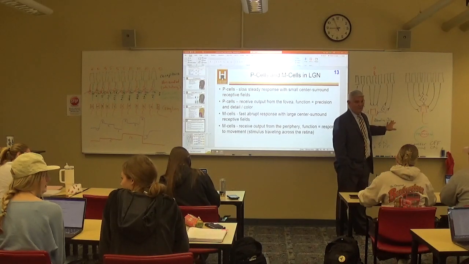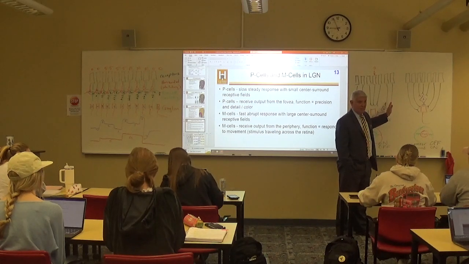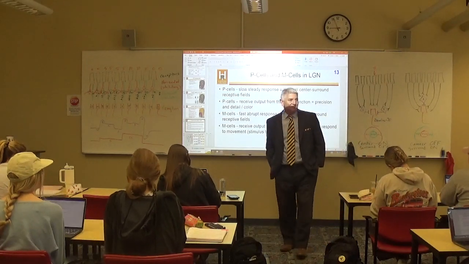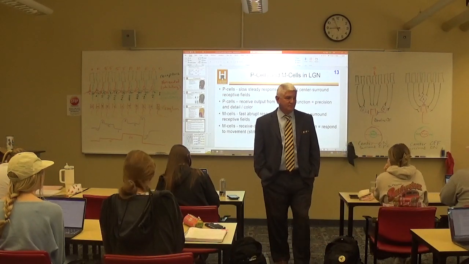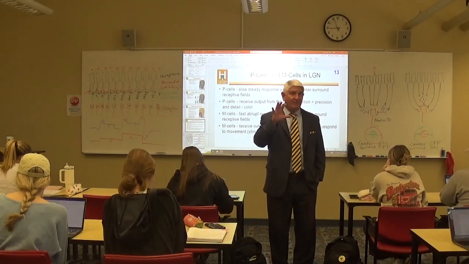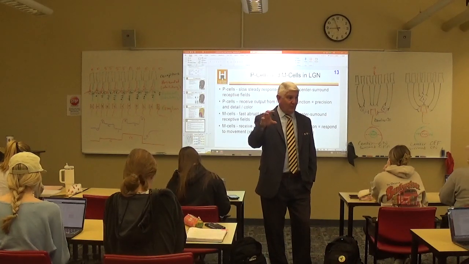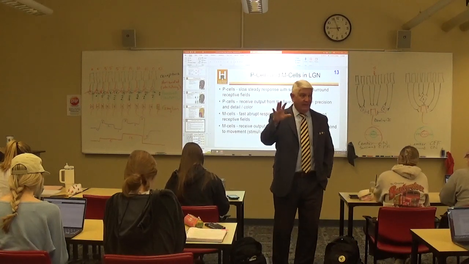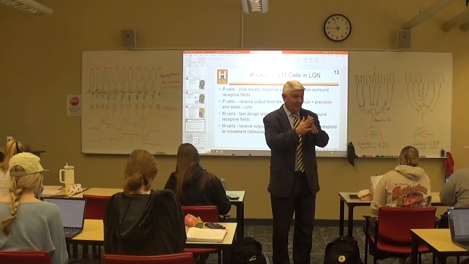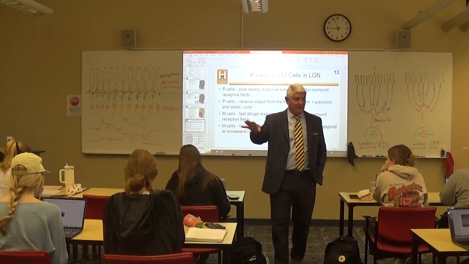And they don't fire if it's just a point of light that's not moving. So it gets a lot more complicated. So they're labeled as M or P cells, and then divergence happens. Well, not divergence, I would say more consolidation happens at the LGN. So we're consolidating the M's together and the P's together and the parts of the two eyes together, right? Left eye, right eye together, but not really diverging. And then when we get to V1, that's when we get divergence.